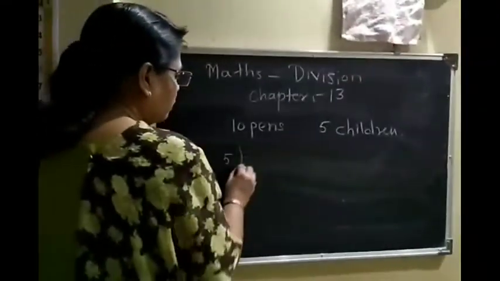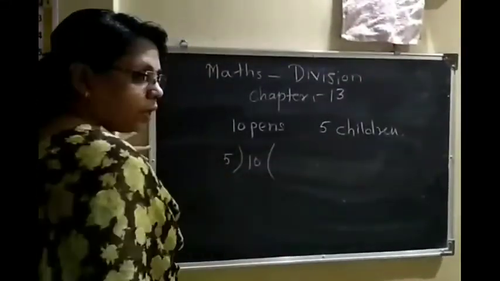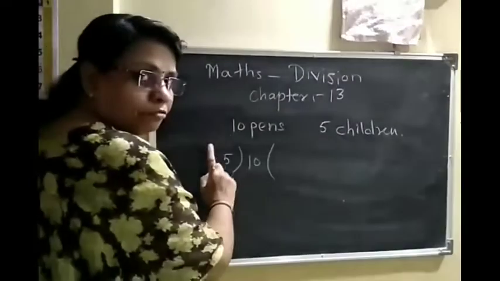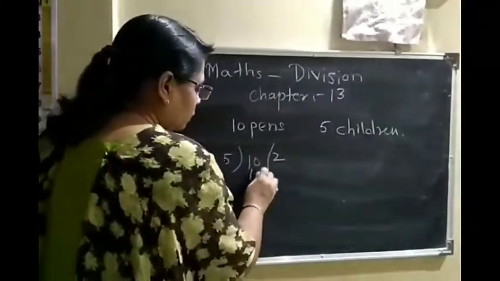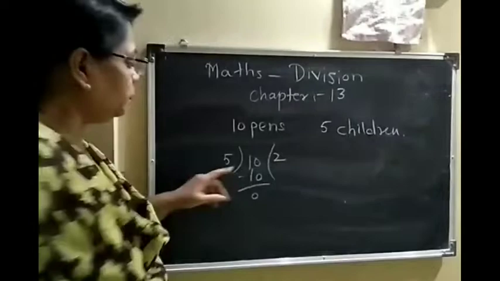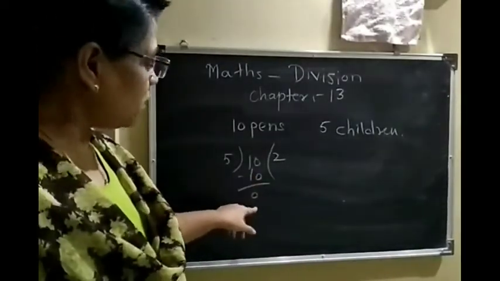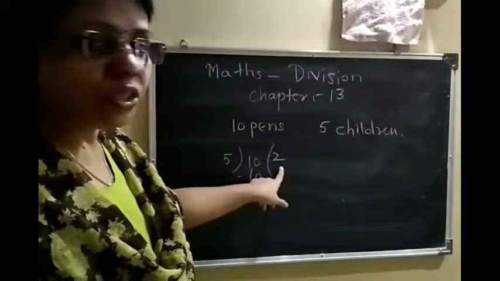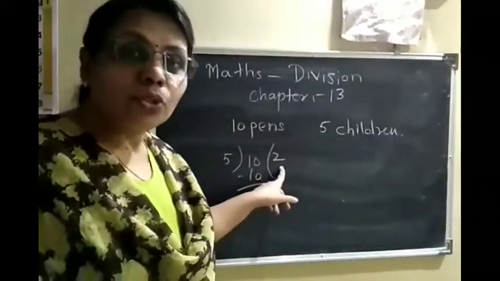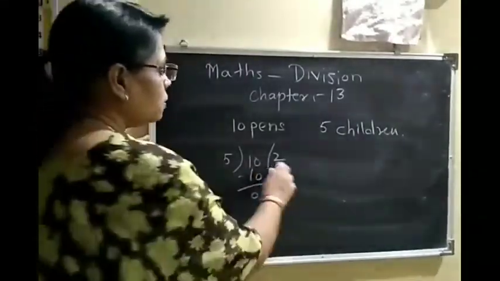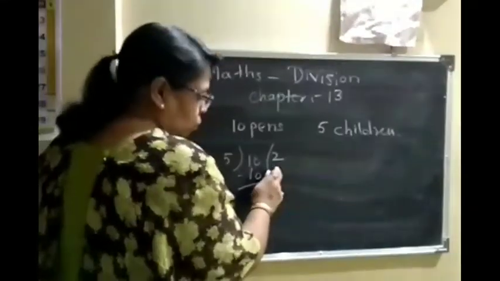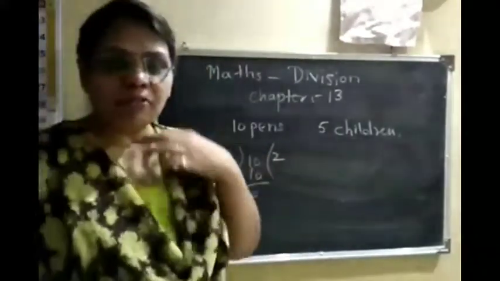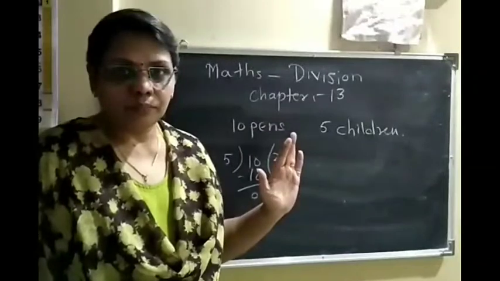Again, divide it. 5 twos are 10. 10 minus 10, 0. Each child will get 2 pens. So the answer is 2. In this way you have divided equally.